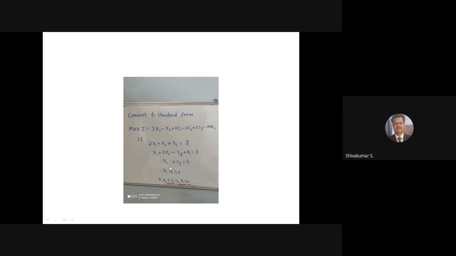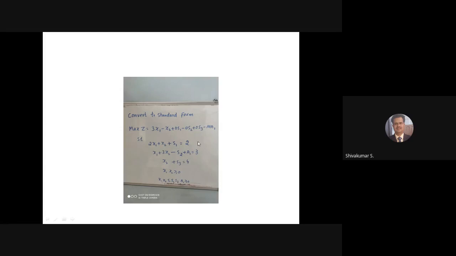Now, see the z function here: 3x1 minus x2 plus 0s1 minus 0s2 plus 0s3 minus M into a1. For this a1, we're going to give a penalty in the cost function as minus M, big M. For a1, you give minus M as the coefficient. It's a penalty.